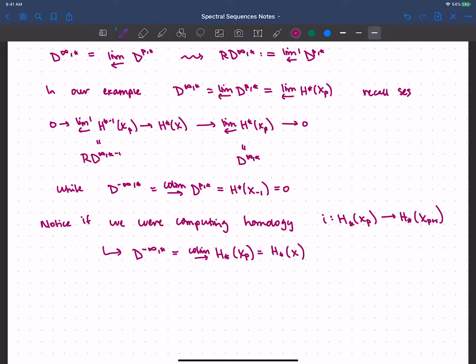Okay, so there's no need for a right-derived functor here. The colimit just is exact. And if we were in that situation, maybe we would want to reindex things or something, but in any case, that's the thing that we would be after.